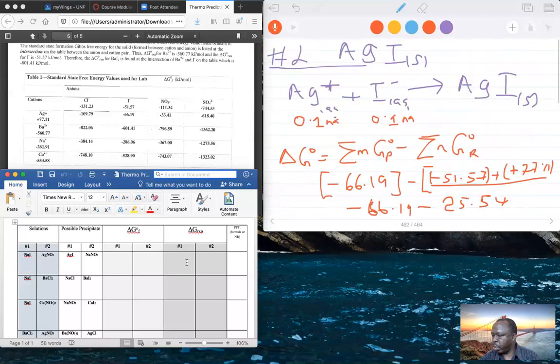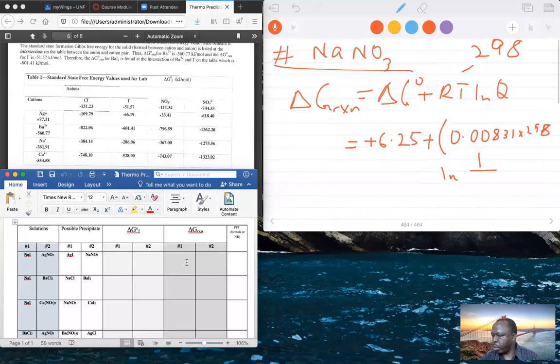This will just be 0.1 times 0.1, 0.1 plus 0.1. So 1 divided by 0.1 times 0.1. That's what I get.